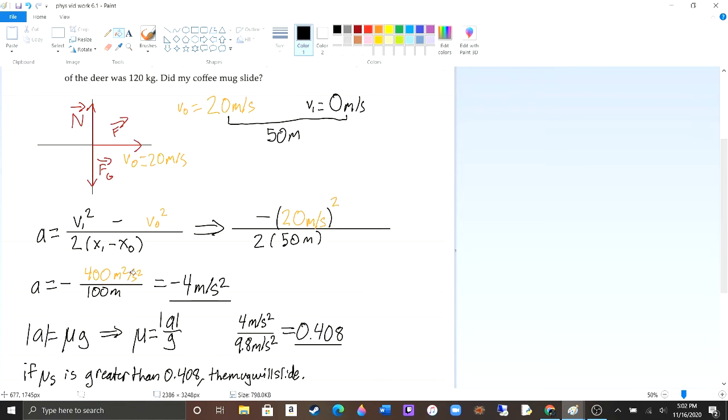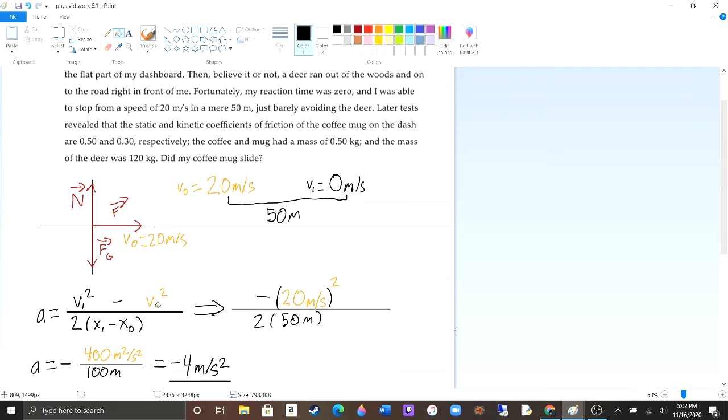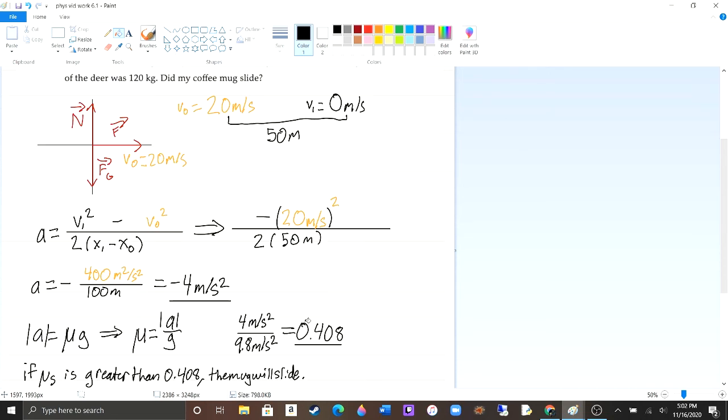So our acceleration, and this is the equation from the textbook, is our final velocity squared minus our initial velocity squared over 2 times the distance that it took us to stop. So we can plug that in for our distance, and we get 50 meters, right? Because it's right there. And then we have our final velocity, which is 0, and our initial, which is 20 meters per second.